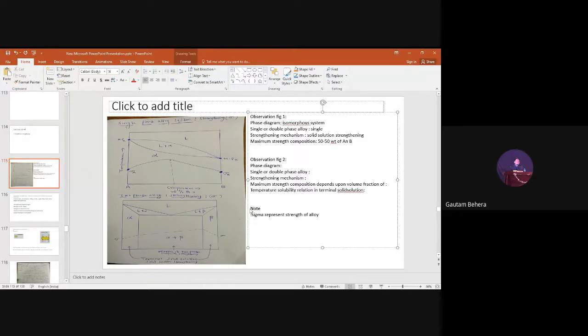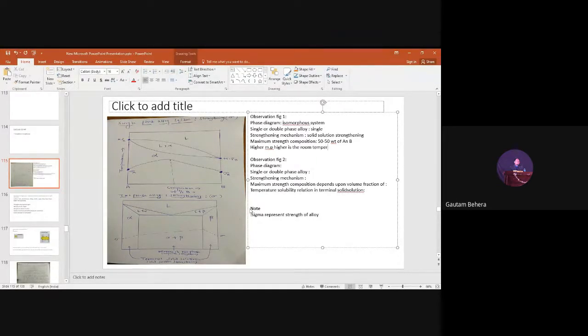Yes, very good, excellent. Higher the melting point, higher the strength. But this is actually room temperature strength, don't forget that. Higher the melting point, higher the room temperature strength.